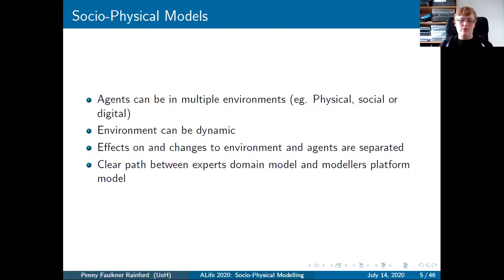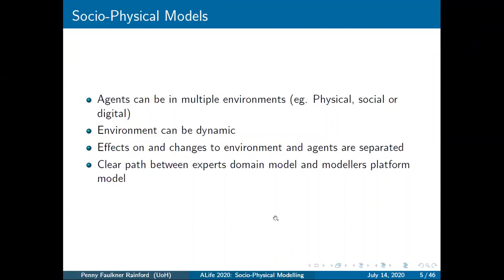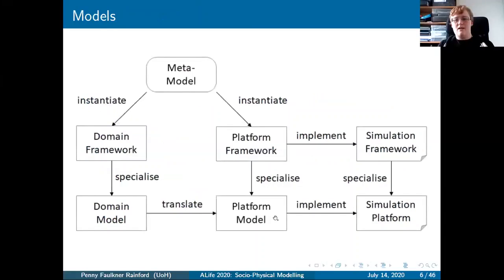And one of the really important parts that we'll talk about a bit more as we go on is a clear path between experts and the modeling of the situation, the systems as they see it, and the modelers' platforms, and what we actually create as simulations. So how have we gone about that?